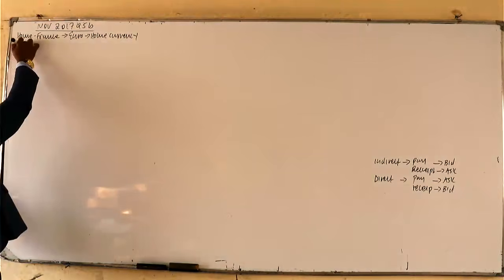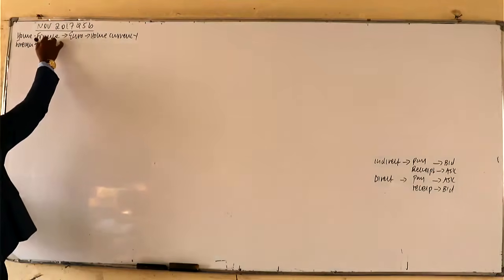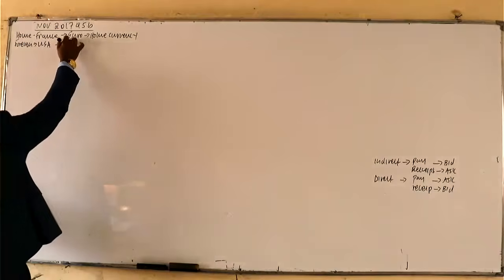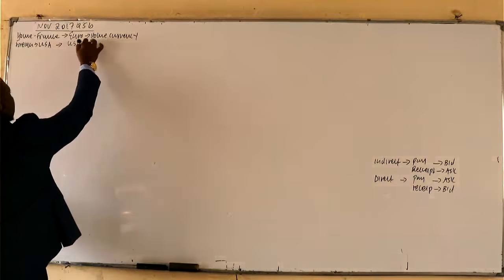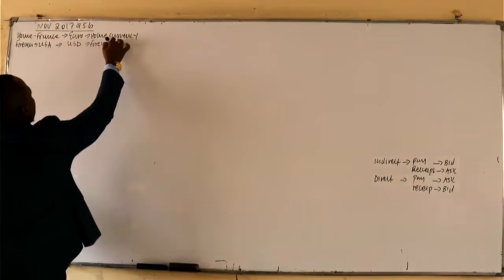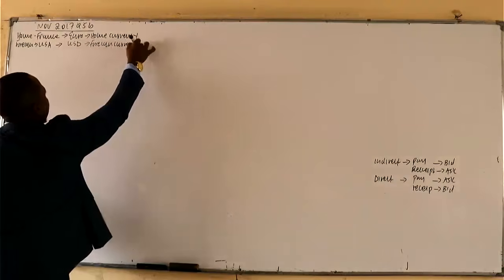So foreign is the United States of America, where they use the USD, and this is the foreign currency. Home is France, so the euro is the home currency; foreign is USA, with US dollars.